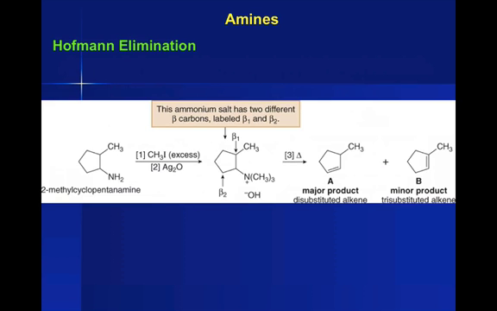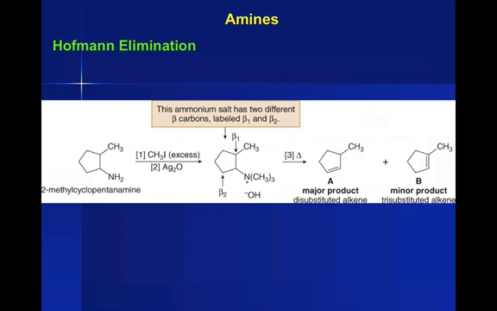So when my base is coming in here, it has to interact with this group, right? And is this small or large? It's fairly large. So it has to cram in between two large things. Here, the hydroxide just has to deal with the one large thing, not two. So it's not being crammed in between two large. And so you end up with the least substituted alkene.